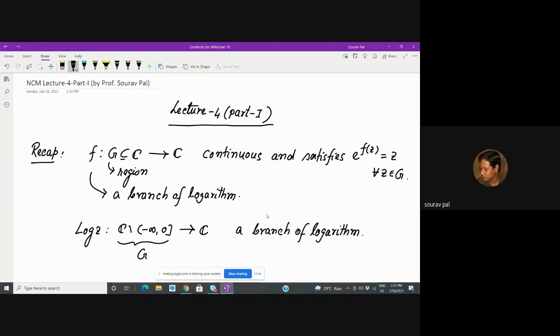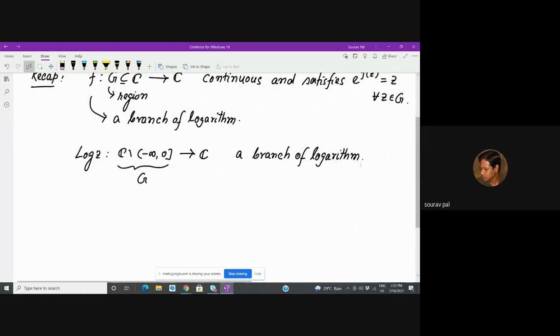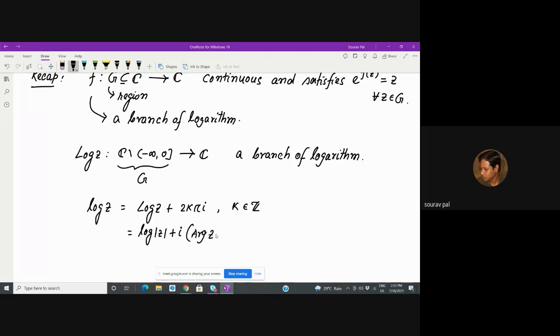Now the point is that if we have the principal logarithm, we can get other values of log z in terms of the principal logarithm in this way, right? We have seen that this is precisely log z plus 2k pi i, where k is an integer, which is precisely the real logarithm plus principal logarithm plus 2k pi.